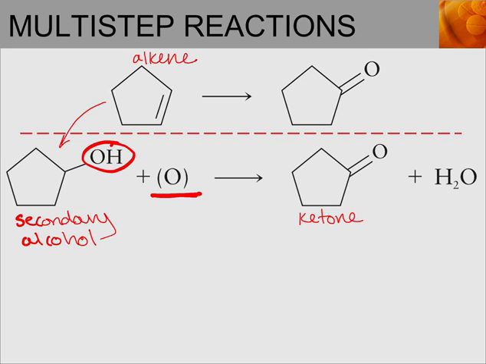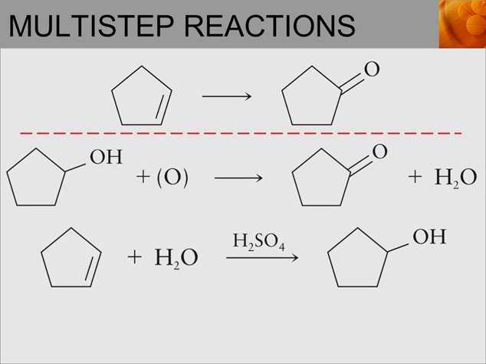So remember, previously we saw that if you have a double bond, you can add water across the double bond. And remember to add that catalyst, sulfuric acid. So that's going to add an OH group on one side of the double bond. And here it's symmetrical if we draw a line through it. So it doesn't really matter which side the OH group adds to. We don't have to think about Markovnikov's rule here.